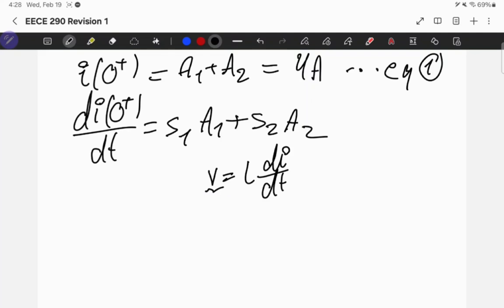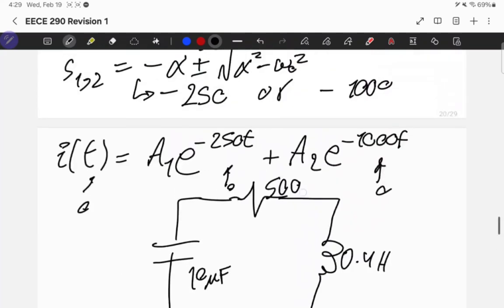If I know the voltage across my inductor, I can get the expression of di by dt easily. To find the voltage across the inductor, the best way, if I have an RLC series connection, is to do a KVL, right?